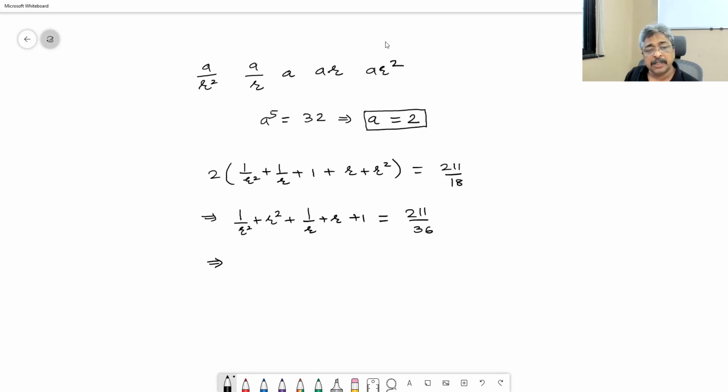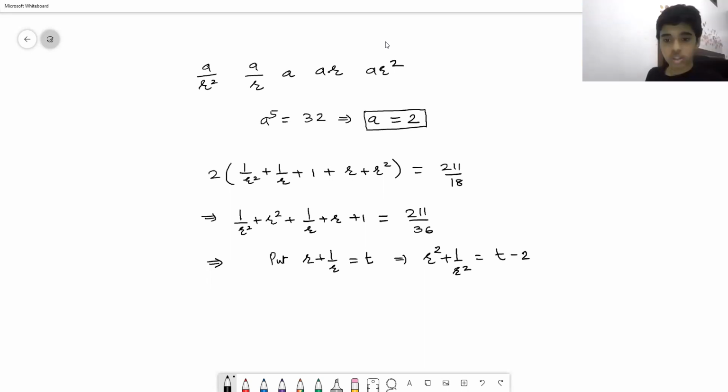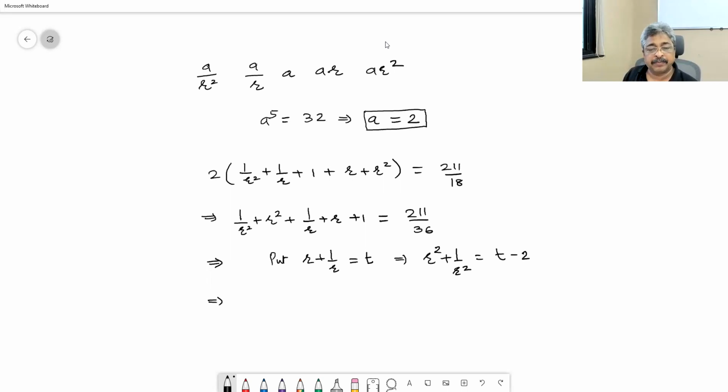Now the trick here is this is a 5th degree equation, but it is very kind to us because all the coefficients are 1. It is nice looking, and therefore the trick here is to put R plus 1 upon R is equal to T, which implies R square plus 1 upon R square is equal to T square minus 2.